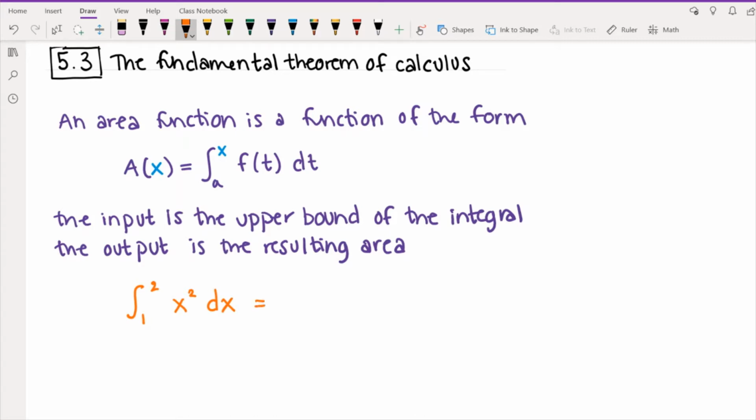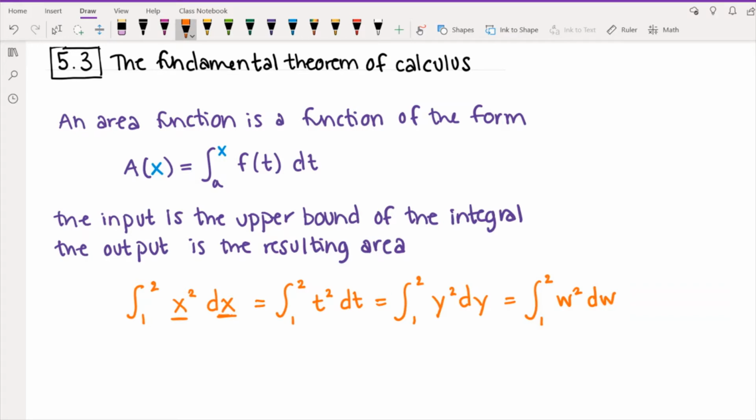That's the exact same thing as the integral from 1 to 2 of t squared dt, and the exact same thing as the integral from 1 to 2 of y squared dy, and the integral from 1 to 2 of w squared dw. So it really doesn't matter what variable you're using inside your integral. That's just a placeholder, and as long as the variable here matches the variable here, you're all good.